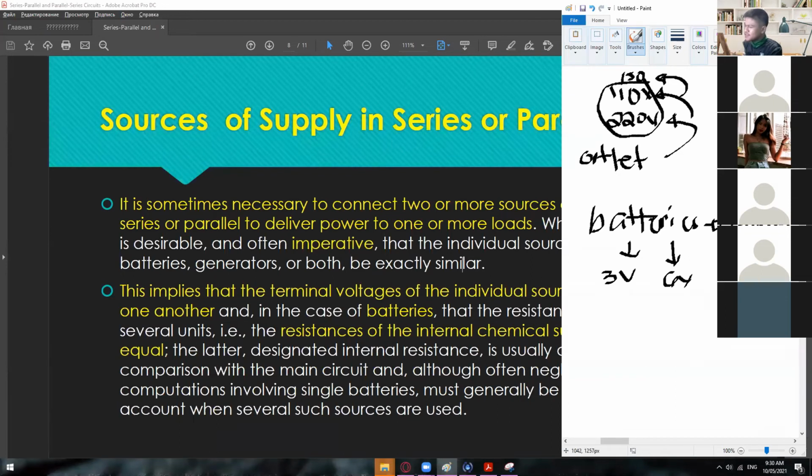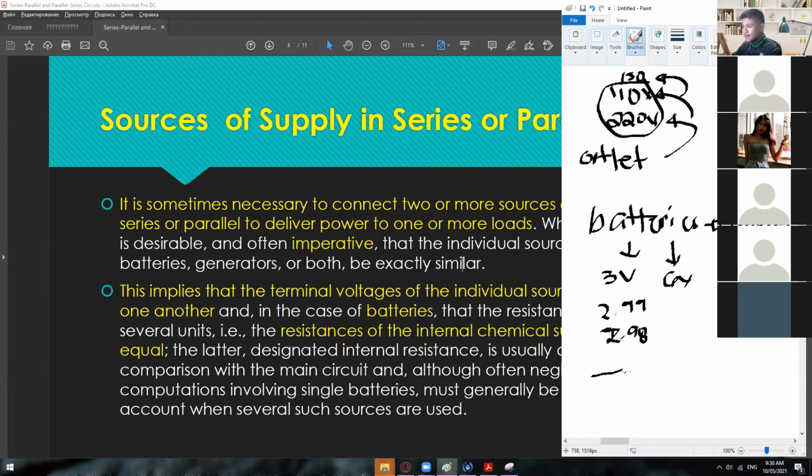Yung mga internal resistance na to, sobrang liit lang naman. Actually, wala pang 1 ohm. Mostly, mga 0.03, 0.05. Wherein yung 3 volts, actually, mababawasan pa yan. Minsan, 2.99, 2.98, etc. So, kapag isa lang, parang okay lang kasi sobrang close.